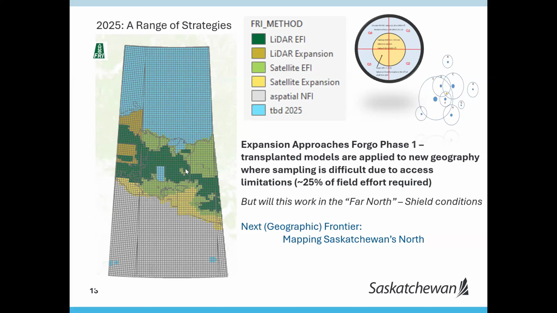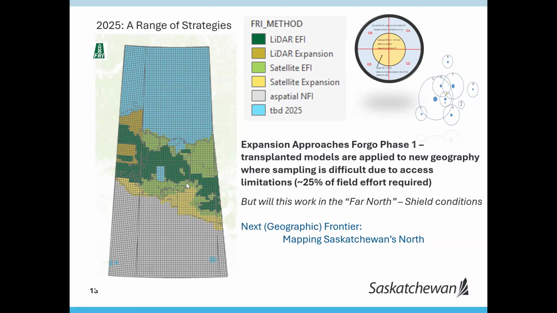And the application of this approach is shown here in the map. The dark green indicates where we've done the typical two-phase area-based approach using airborne LiDAR. So again, dark green through here, through the main part of the wood basket. Light green, our typical two-phase approach using spaceborne optical and radar imagery.